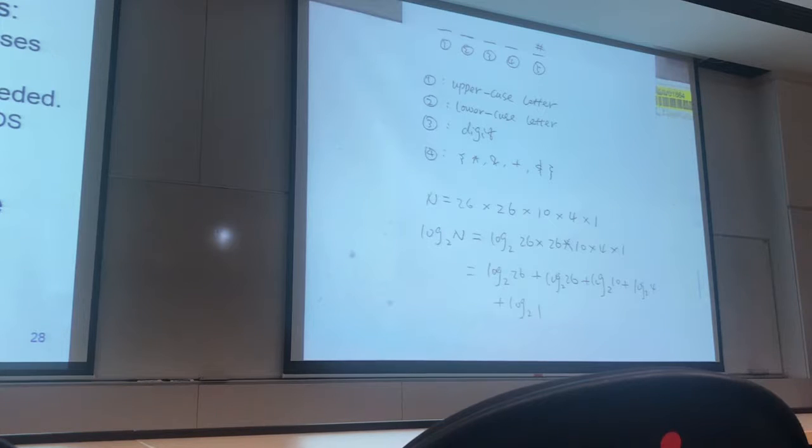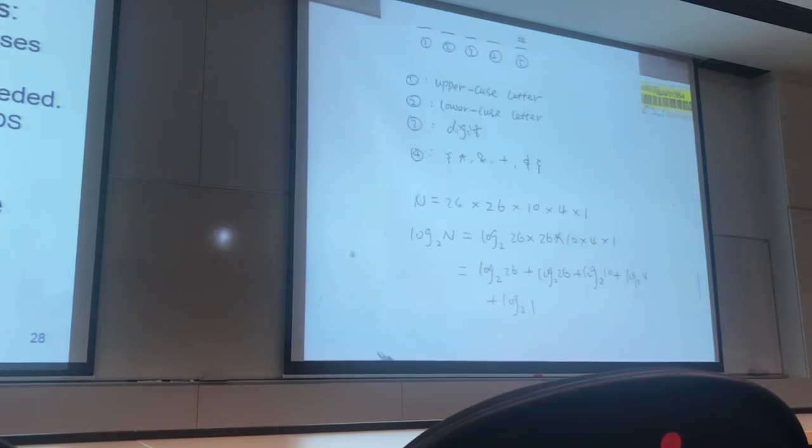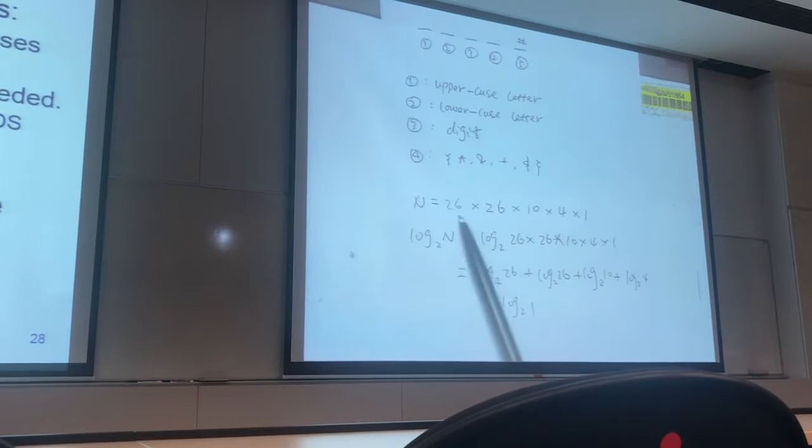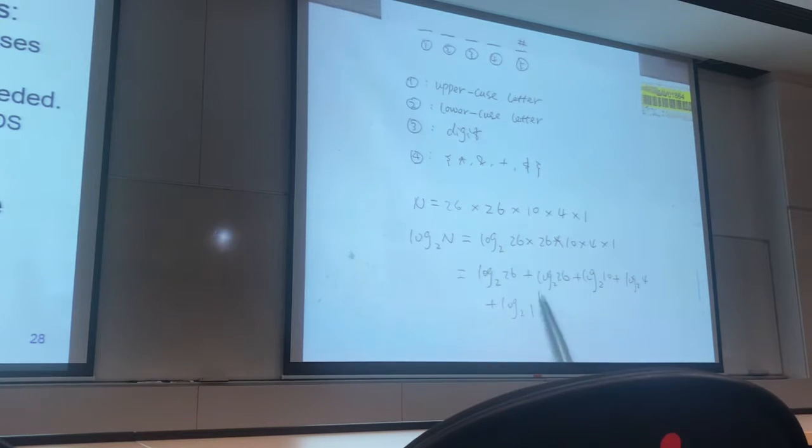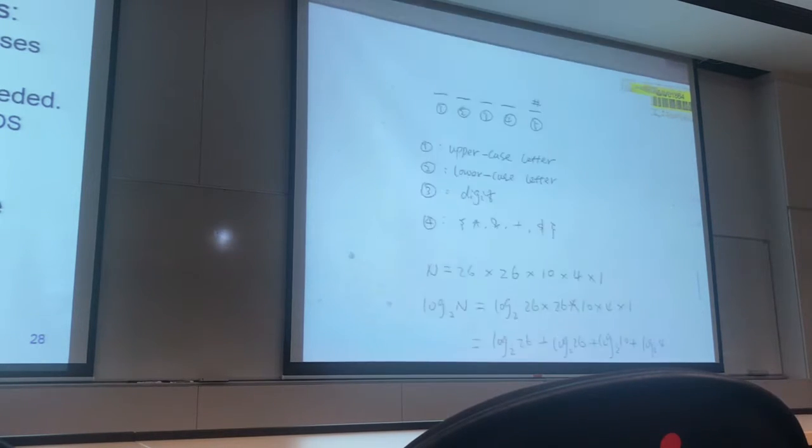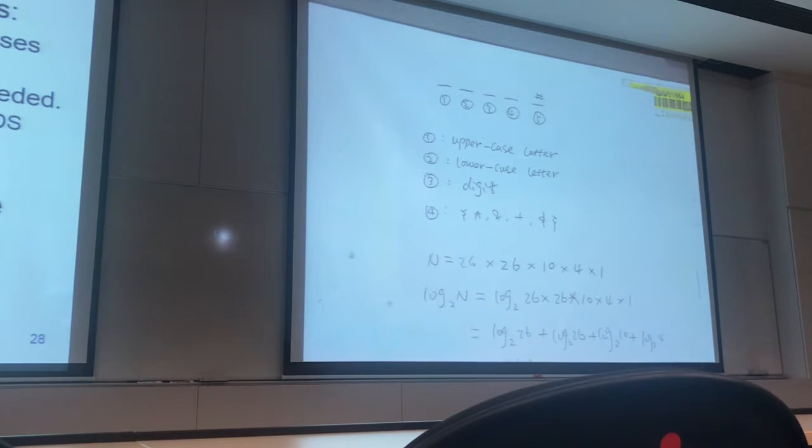So this is an example to illustrate how to calculate the entropy. You can either calculate the total possible passwords and then do log base 2, or you can calculate one by one and then add them together. That's the way you can calculate the entropy of a password. Of course, this is based on the assumption that you know how this password is generated.